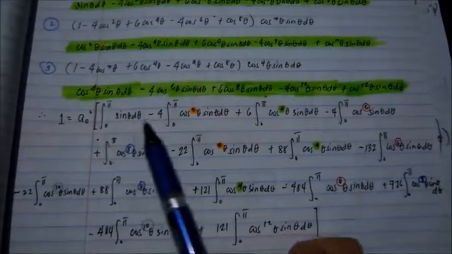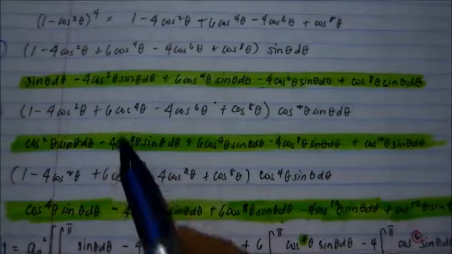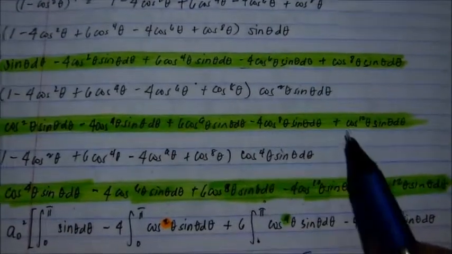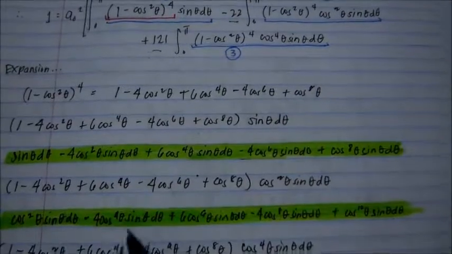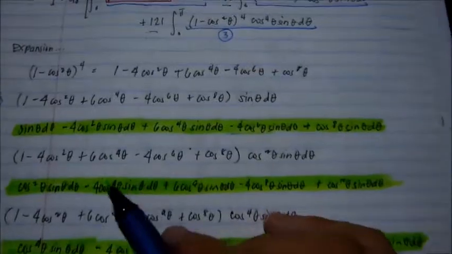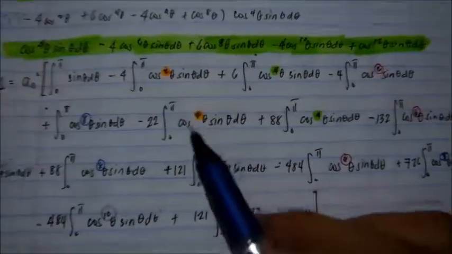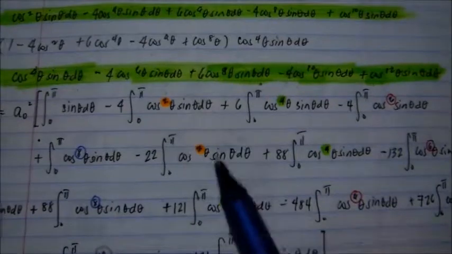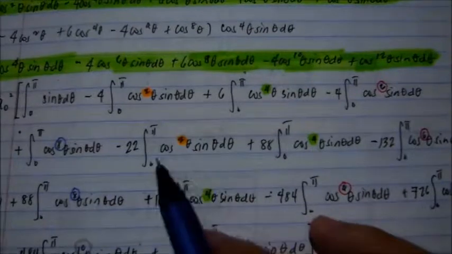There we have combined it, but take note that you have constants in your terms, and you also have a constant here and there. So if you are distributing and expanding here, be sure to include those constants together. Alright, there I labeled the terms that have the same structure: cosine squared theta, sine theta d theta.